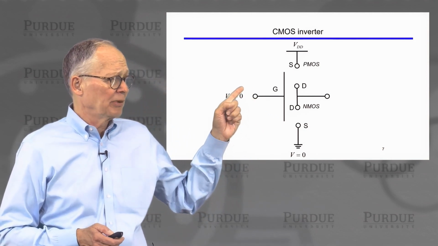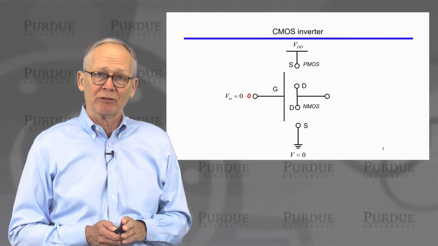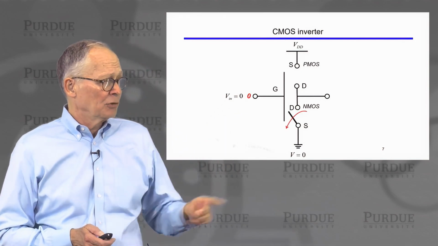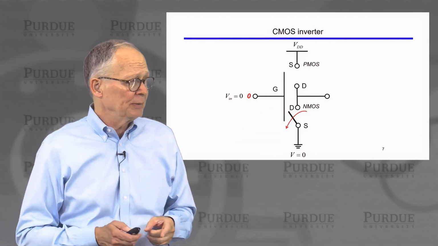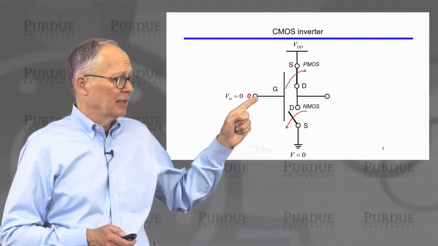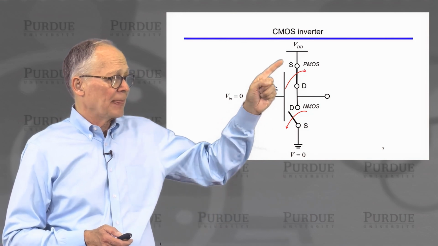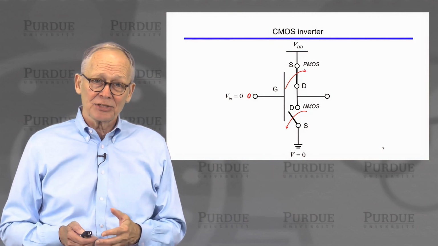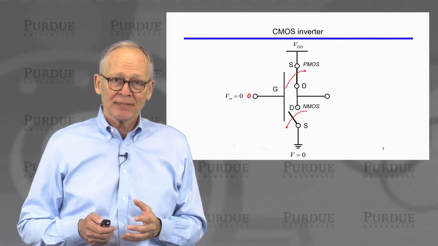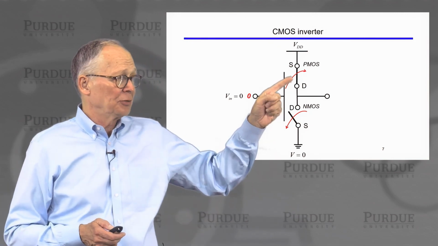Now, we could also look at applying a low voltage to the input. That would be a logic 0. The low voltage wouldn't be enough to turn on the NMOS device, so that switch is open. But if I look at the low voltage on the gate and the high voltage on the source of the PMOS, that's a very large negative voltage between the gate and the source of the PMOS. That turns on the PMOS.